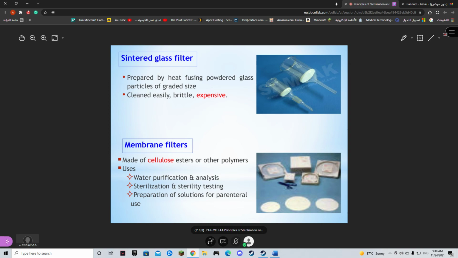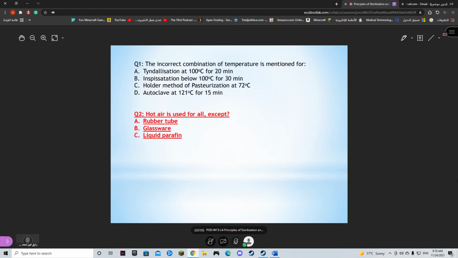Cellulose, their pore size is 0.3 micrometer, and you know that the bacteria size is how much? 2 micrometer. So the bacteria will be trapped over there. It's very important for parenteral use, meaning all types of injection, all types of ophthalmic liquid drugs, and also for many antibiotics, so you can purify them with the help of a membrane filter.